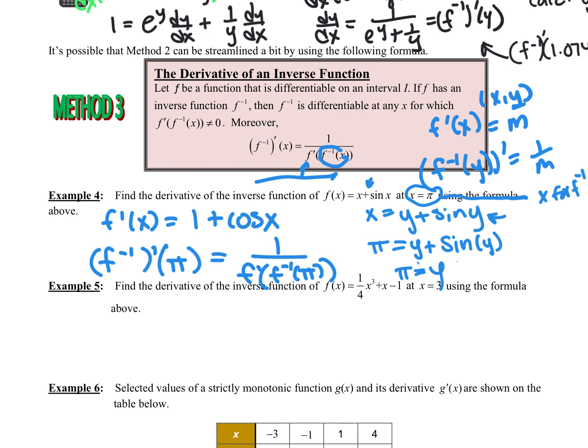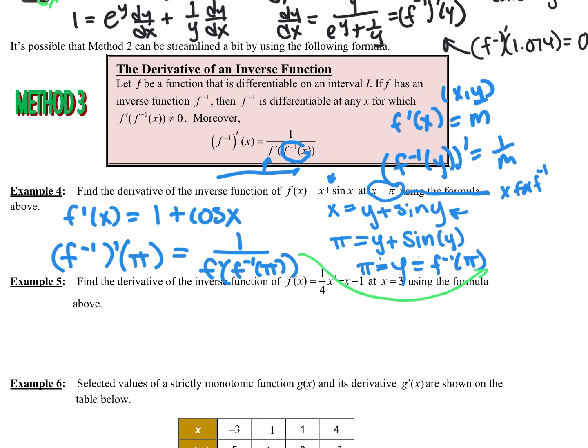Okay, so now that we figured out what y is, that is f inverse at pi, right? So this is the x value for f inverse, and now we just found that y value for f inverse. So now we just get to plug it in to our little equation here. So we'll have f inverse prime at pi will be equal to 1 over f prime at f inverse of pi, which is equal to pi.